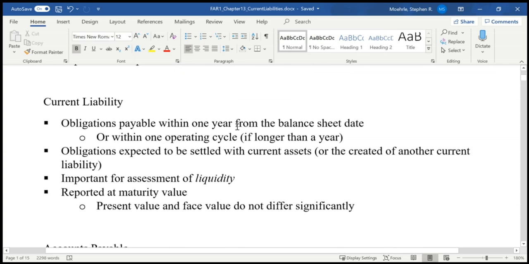Current liabilities are obligations payable, liabilities payable within 1 year from the balance sheet date. The balance sheet date is the date we're preparing the balance sheet now for. And if an operating cycle at this particular company is longer than a year, the current liability is payable within one operating cycle.